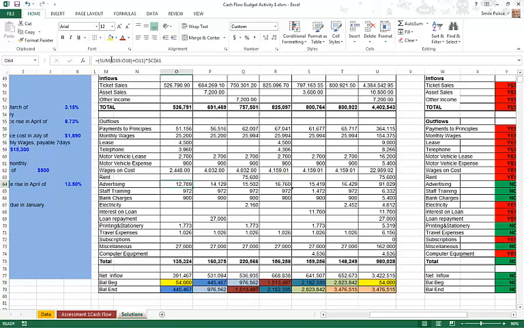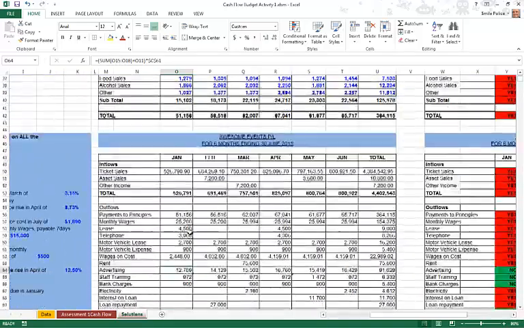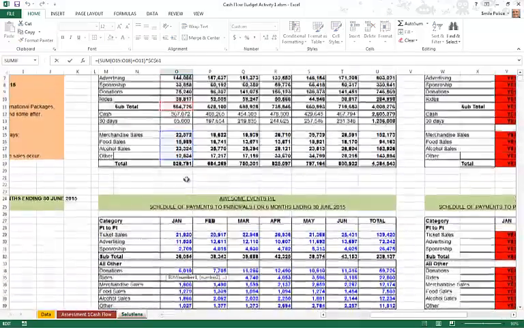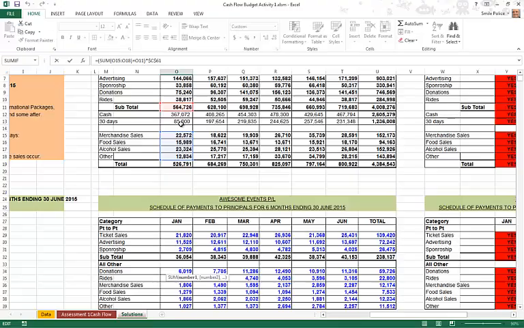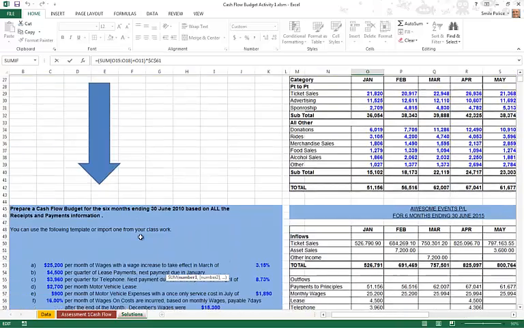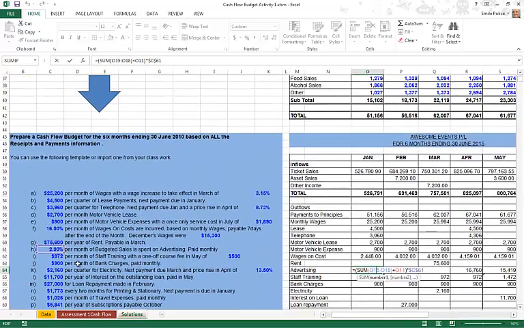It shows you a sum, so I'll just double click on that. That one times the percentage. So again, the solutions tell you the answer, so you can figure out what's going on. So just use that to your advantage.